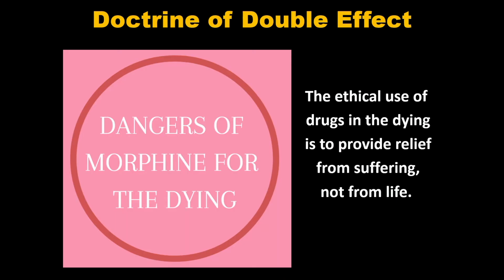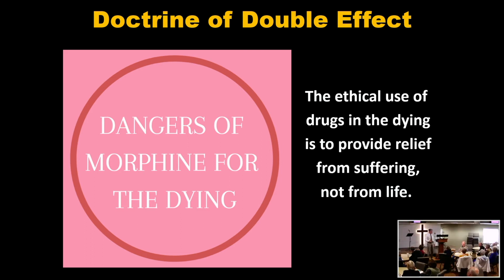But where the rubber meets the road is this. When you give people morphine for pain, it's ethical to do that. But it's not ethical to say, I'm just going to knock them out, let them die. So how does double effect work? Normally, it takes this much morphine in your brain to stop breathing, and this much to relieve your pain.